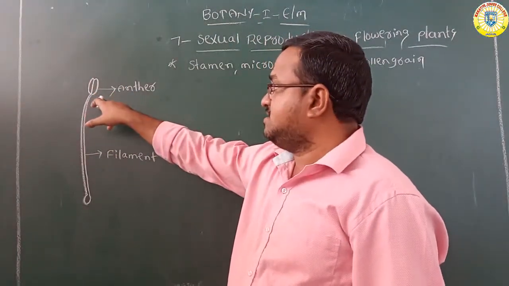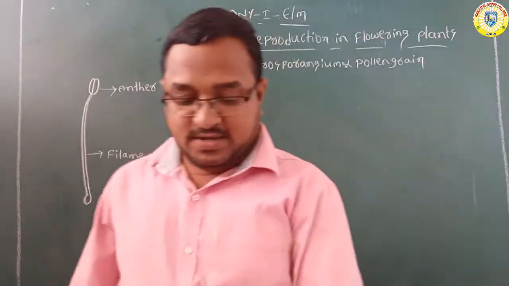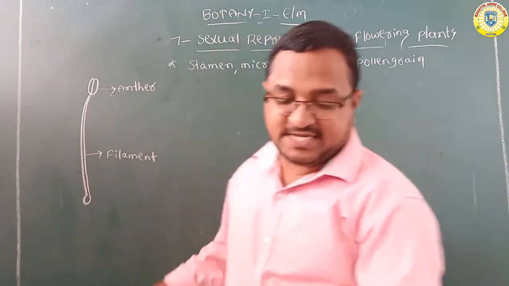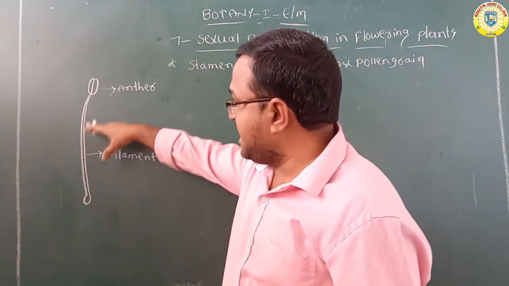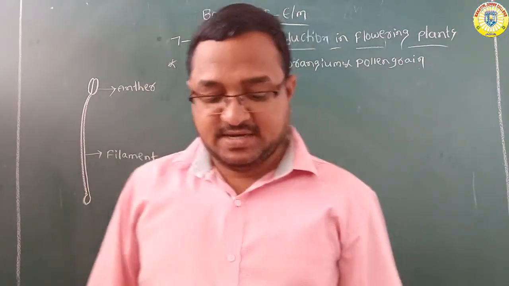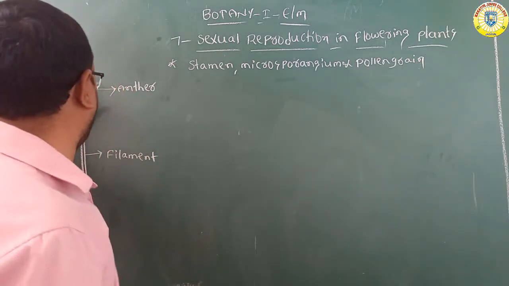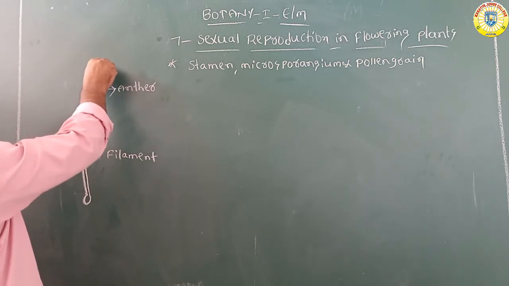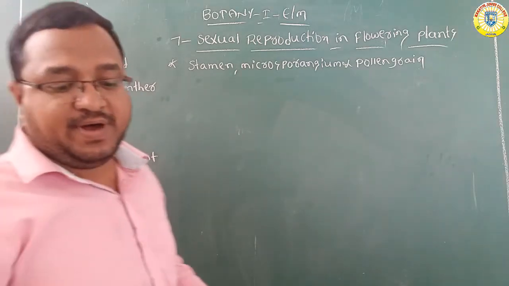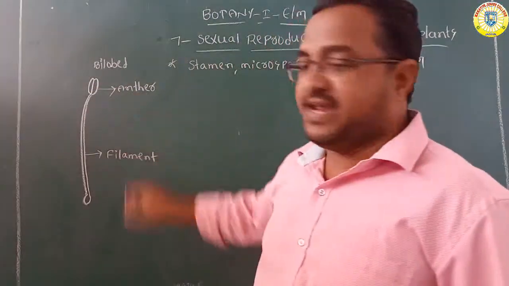Another one, at the end of the filament, you can see the anther. The filament is a long, slender, stalk-like structure, and at the end of the filament there is a bilobed anther, having two lobes.